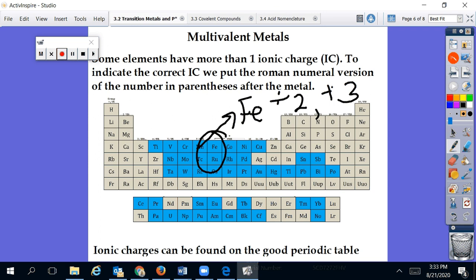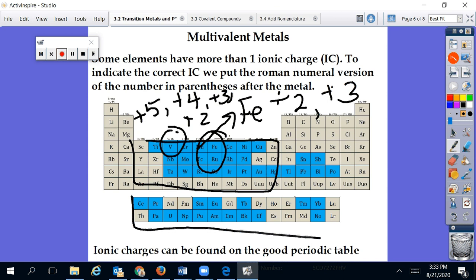If you look at vanadium, it could be a +5, +4, +3, or +2. So that's why we have to write parentheses.